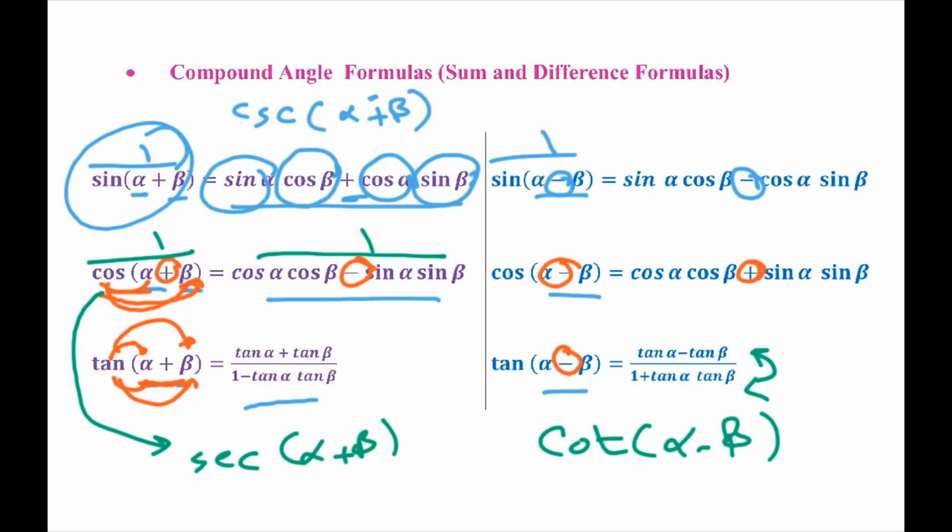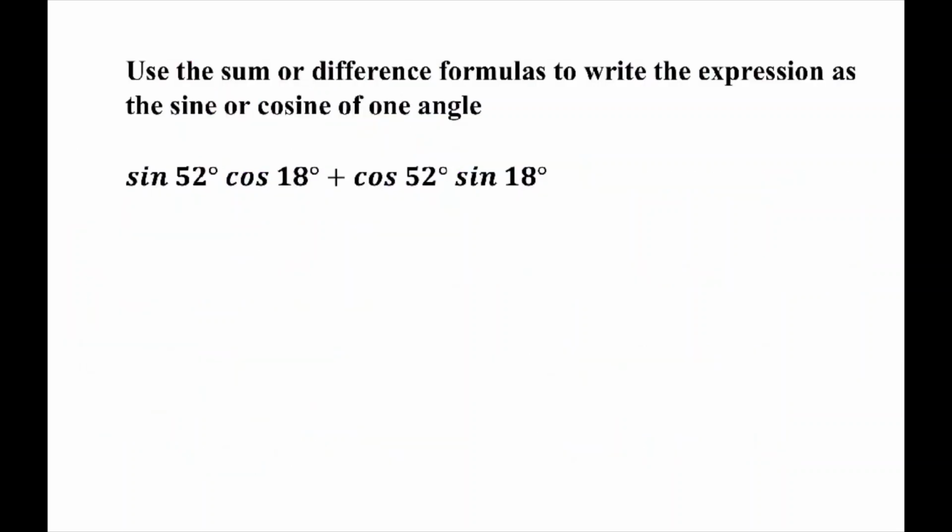Now let's see how we are going to use these formulas. First question: use the sum or difference formulas to write the expression as the sine or cosine of one angle. So we have sine times cosine plus cosine times sine.